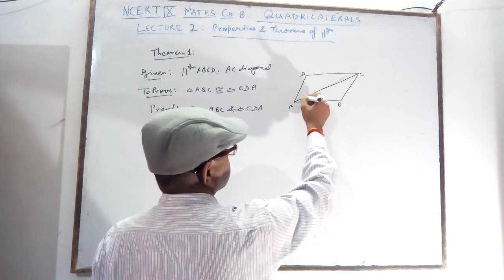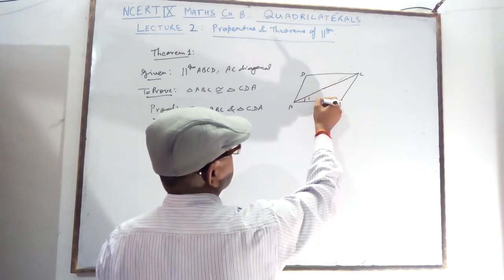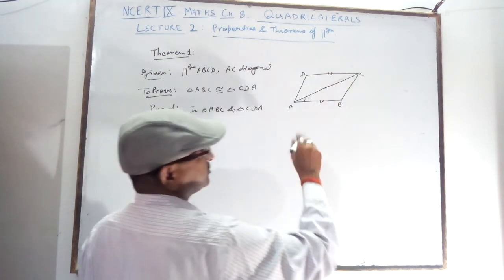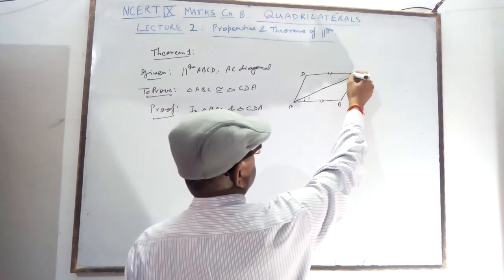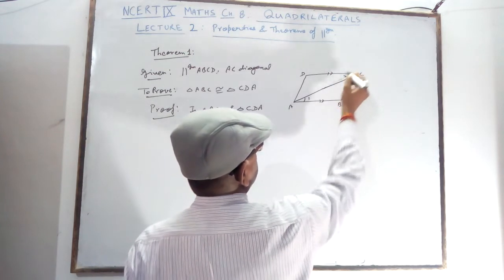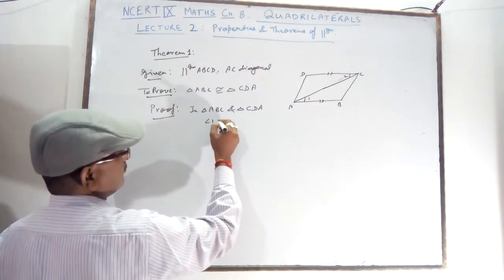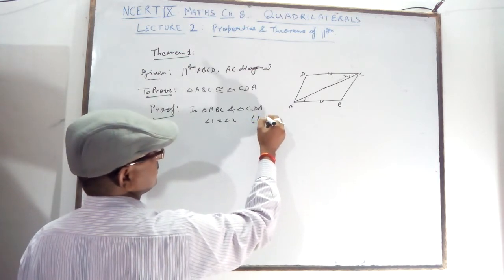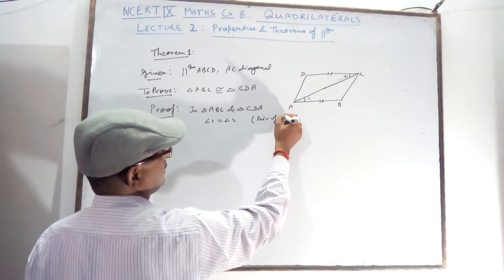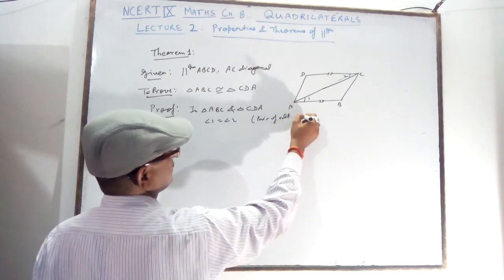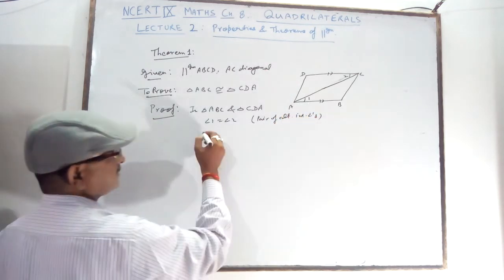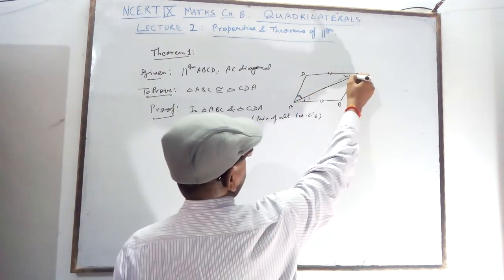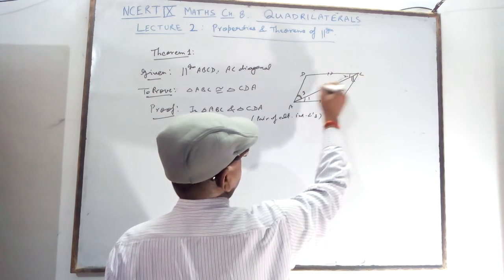First, angle 1, because you know that it is equal as well as parallel. So by this you can prove angle 1 is equal to angle 2, a pair of alternate interior angles. Is angle 3 equal to angle 4 or not?